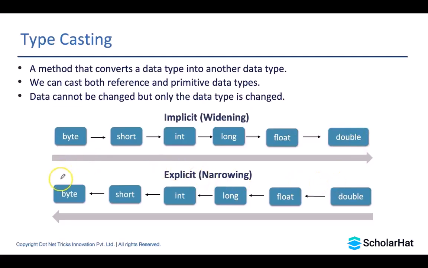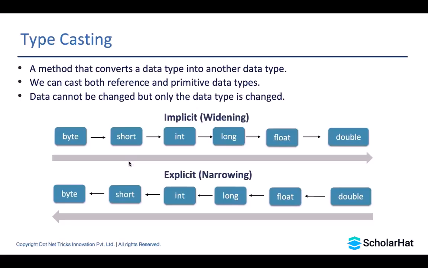In the case of narrowing, the arrows point in the opposite direction, double to float to long. So when you are assigning double data to the float type, the chances of data loss are high, so the compiler asks us to do that. That is explicit casting, which is done by the developers.